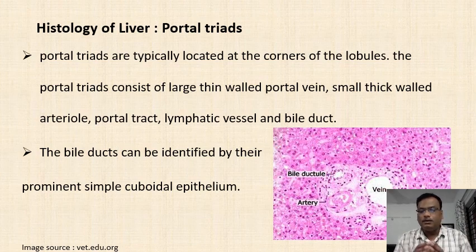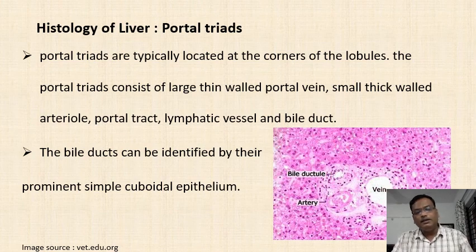So veins have larger diameter and are thin walled, whereas the arteriole is smaller in size and thick walled. So this is the vein and this is the artery. This is larger in size and this is smaller in size. And one more structure we find is the section of bile duct.